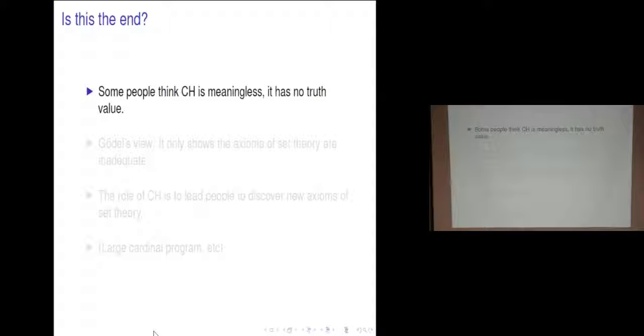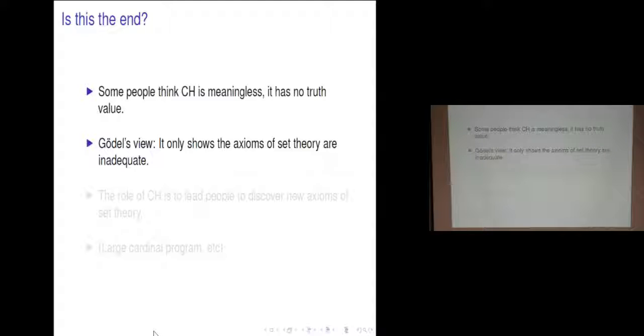So some people think CH shows that higher infinity is fantasy. If you get to the world of infinity, you can do it this way, you can do it that way, no truth.